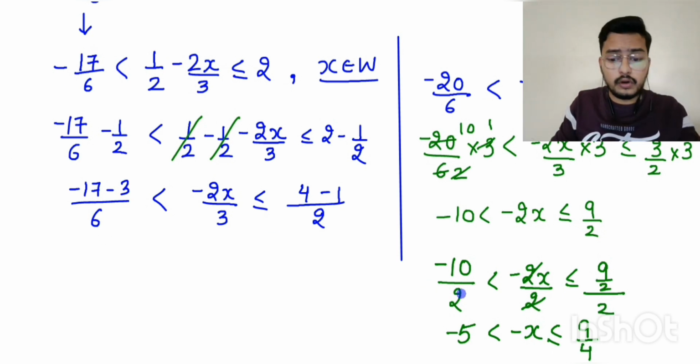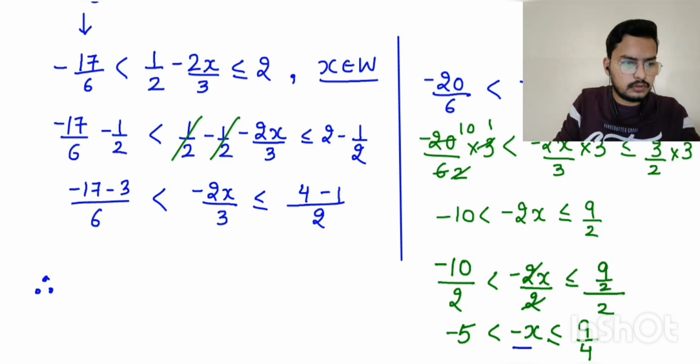Now we want x, and here it is minus x. So what we have to do is change the sign of x. So I am just dividing this whole expression by minus 1. Therefore this expression will become minus 5 upon minus 1.